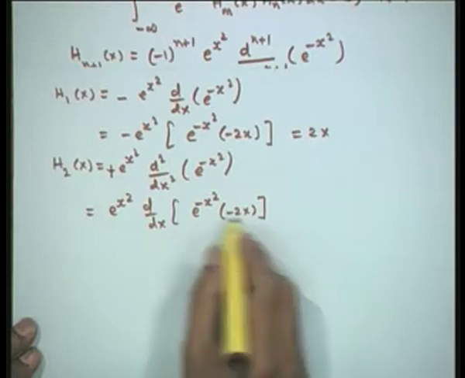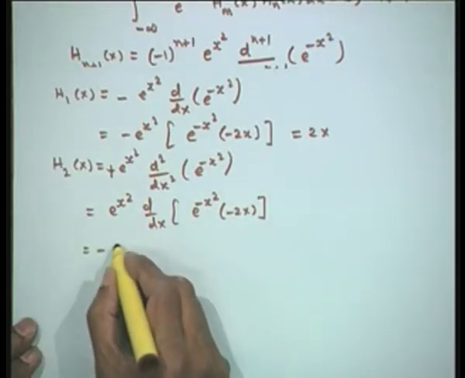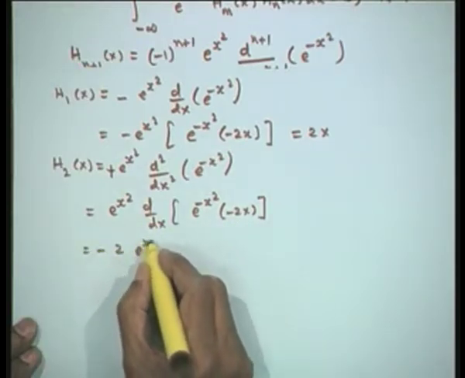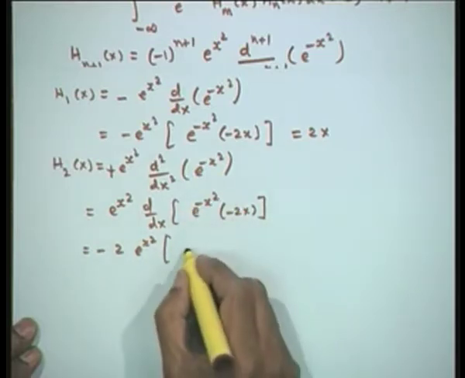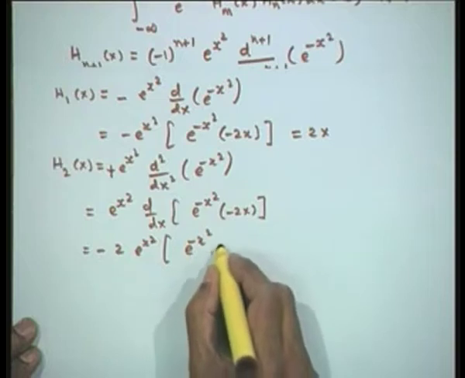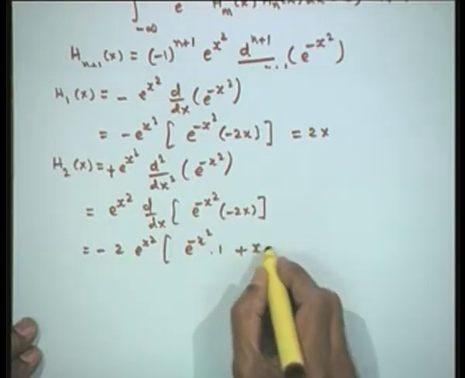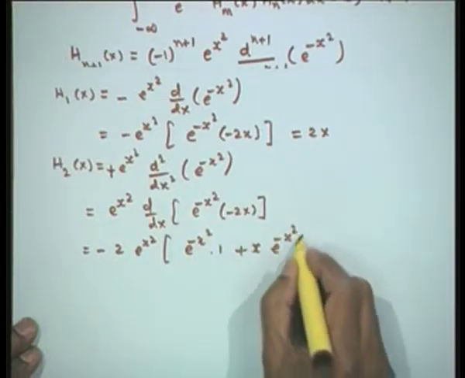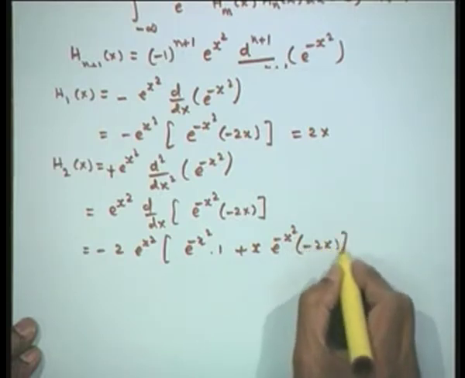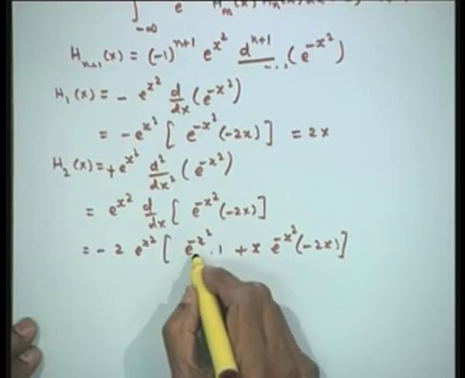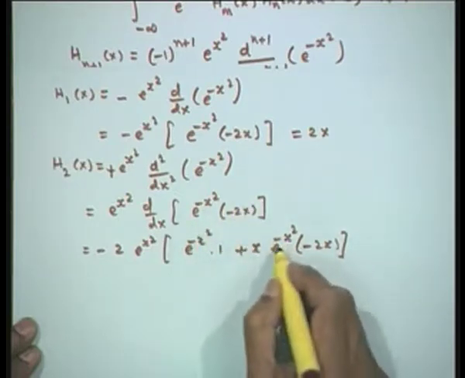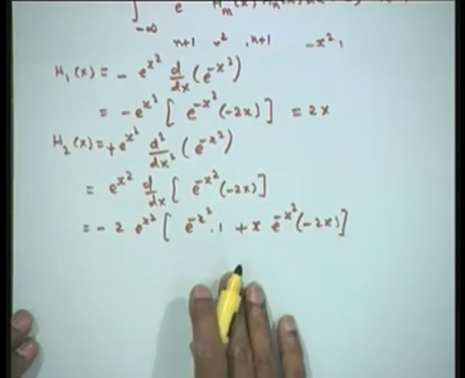Let us take this minus 2 outside and then I have exponential of x squared, then I differentiate this as a product. So, exponential of minus x squared into 1 plus x into e to the power of minus x squared into minus 2x. I have taken it as a product of x into exponential of minus x squared, exponential of minus x squared into 1 plus x into this product.